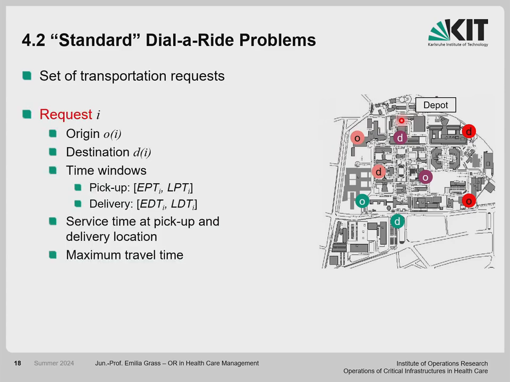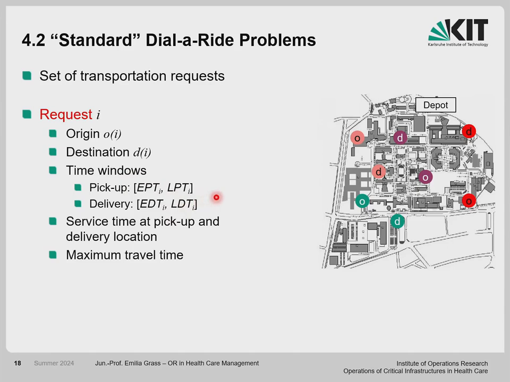And then you have a request i, with these origin nodes, the destination nodes, and the time windows for picking up, let's say the patients in our case, and the delivery time windows. This is the earliest possible time you can deliver the patient, and this is the last time you could deliver the patient. Everything outside is not acceptable.